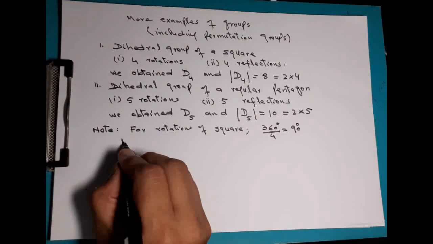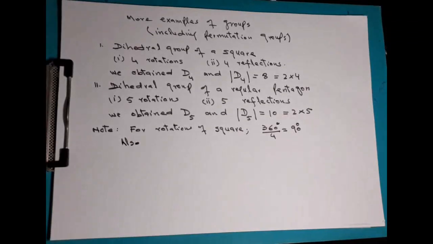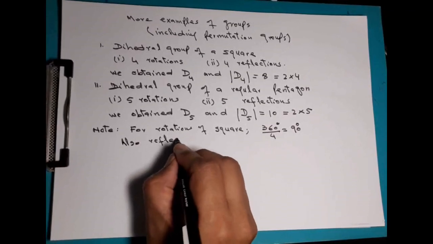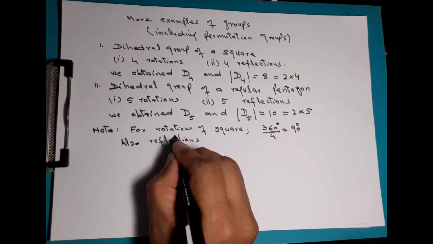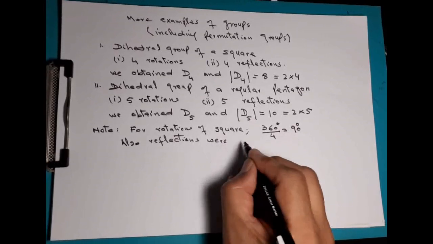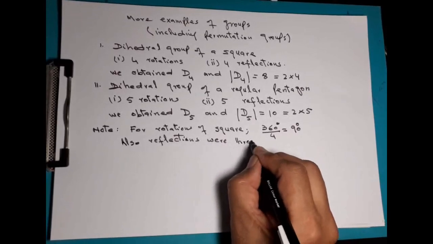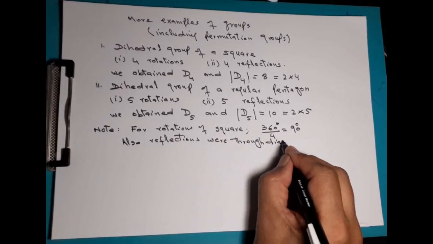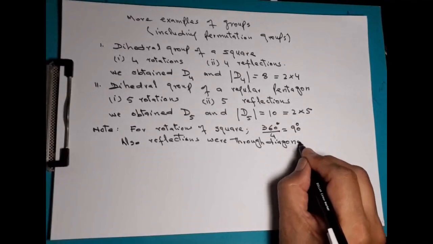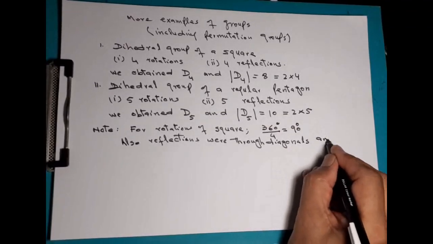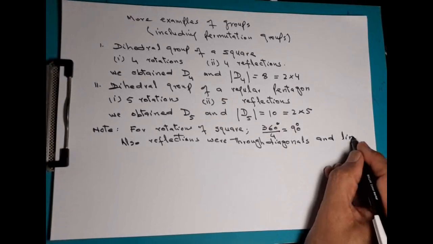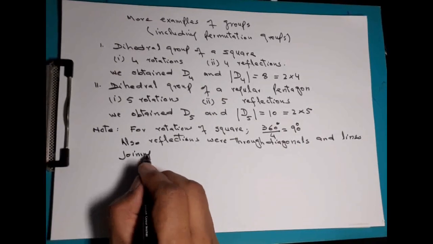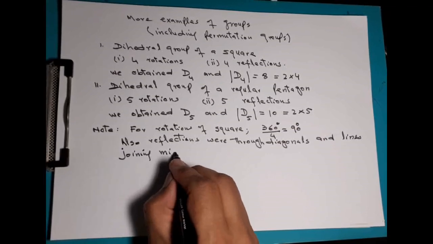Also our reflections were through diagonals and lines joining midpoints of opposite sides.